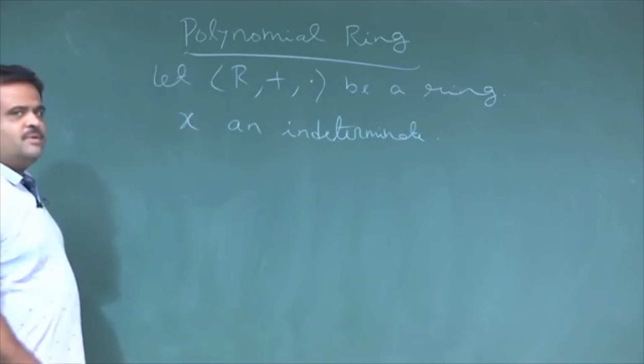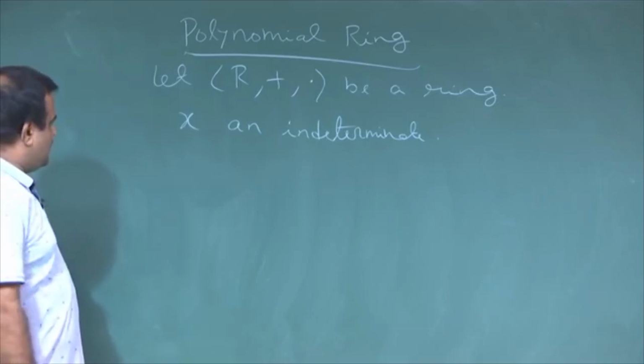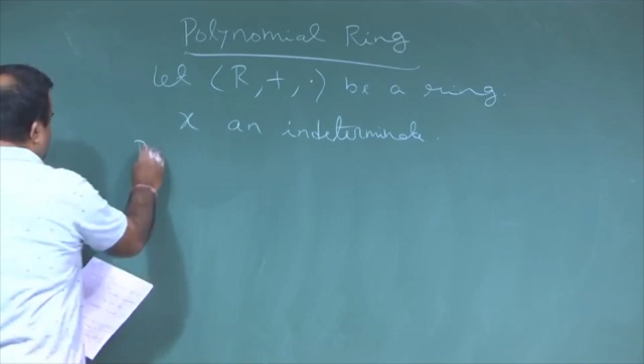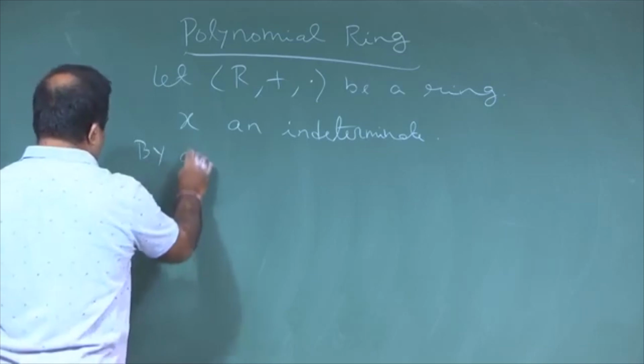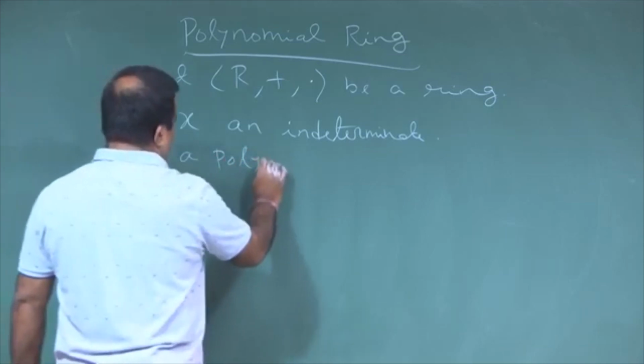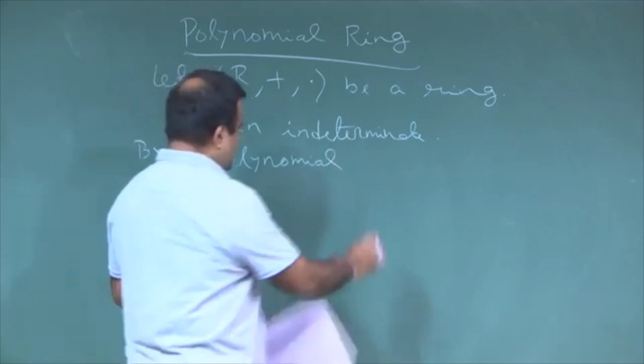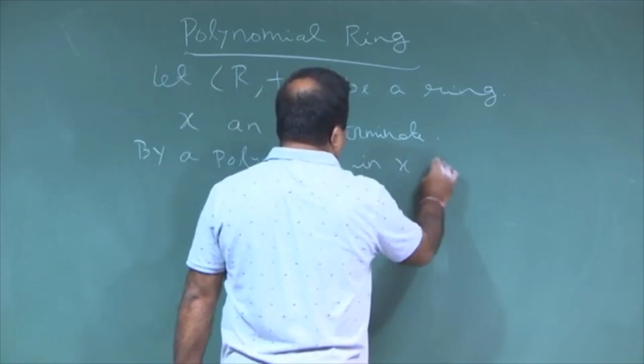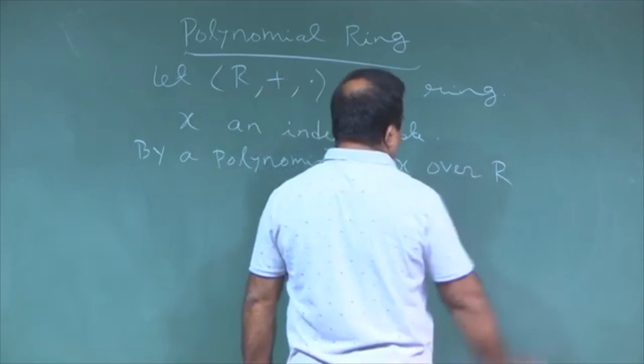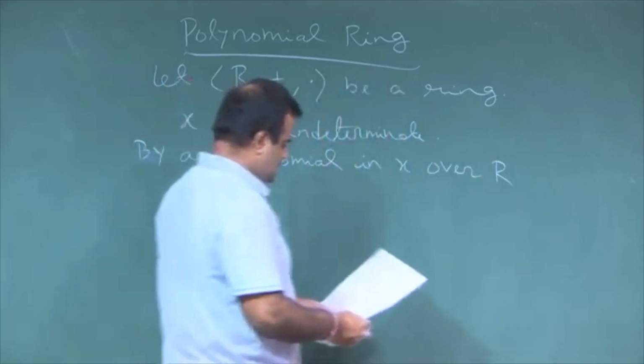Now, what do we mean by a polynomial in x? By a polynomial in x over R, we mean an expression like this.